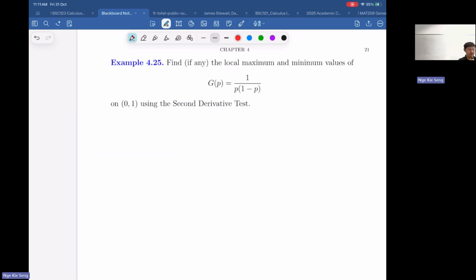I think this derivative is a little bit challenging. In the previous case, there was no local maximum, only a local minimum.